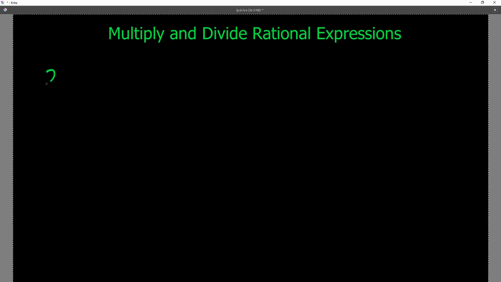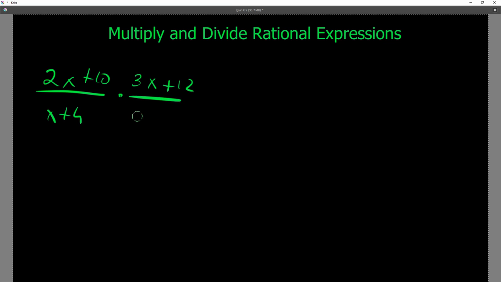Here's example number 1. I have (2x plus 10) over (x plus 4) times (3x plus 12) over (4x plus 20). Okay, so again, you can't cancel this x with that x, that 2 with that 4. You can't cancel anything right now, basically, because these are stuck together.